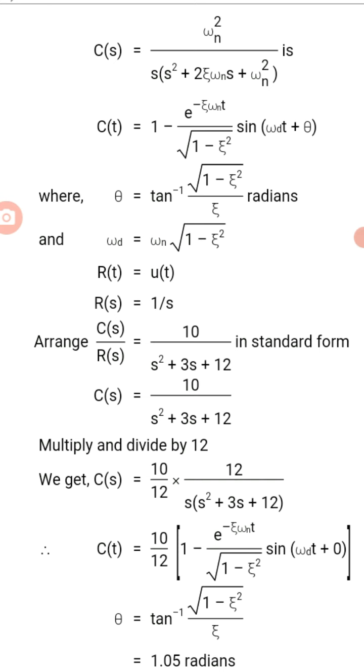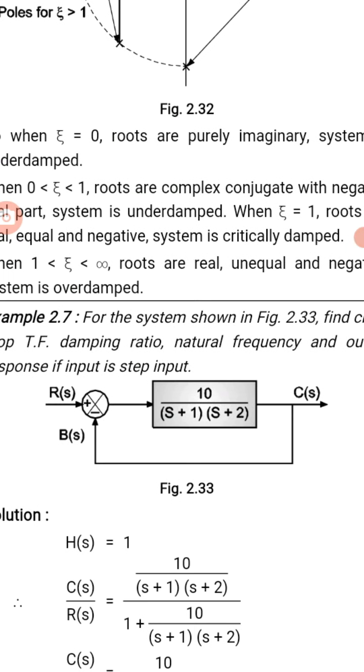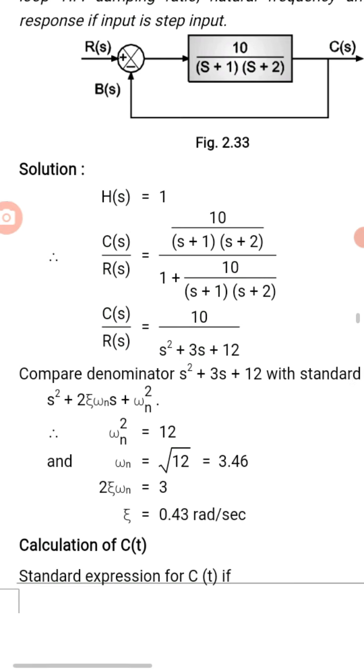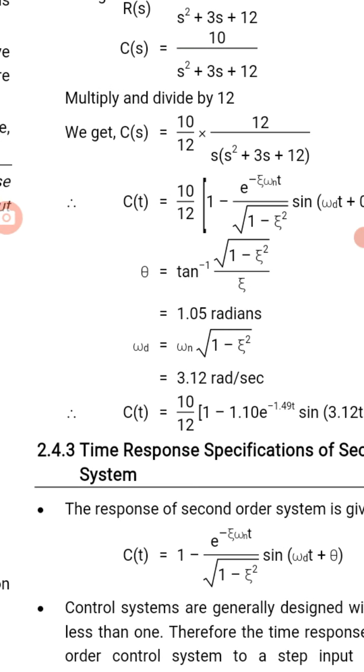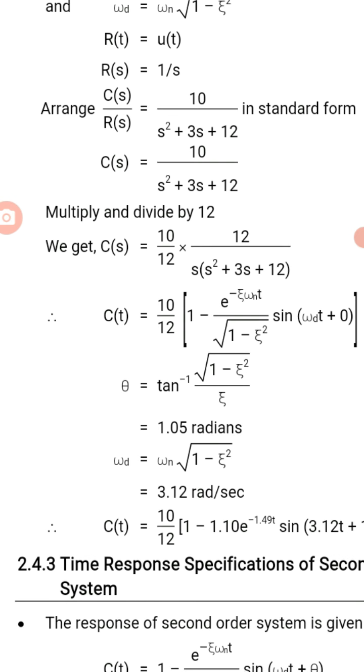We will use here the equation of underdamped oscillation because zeta is 0.43. So the underdamped equation we will use.